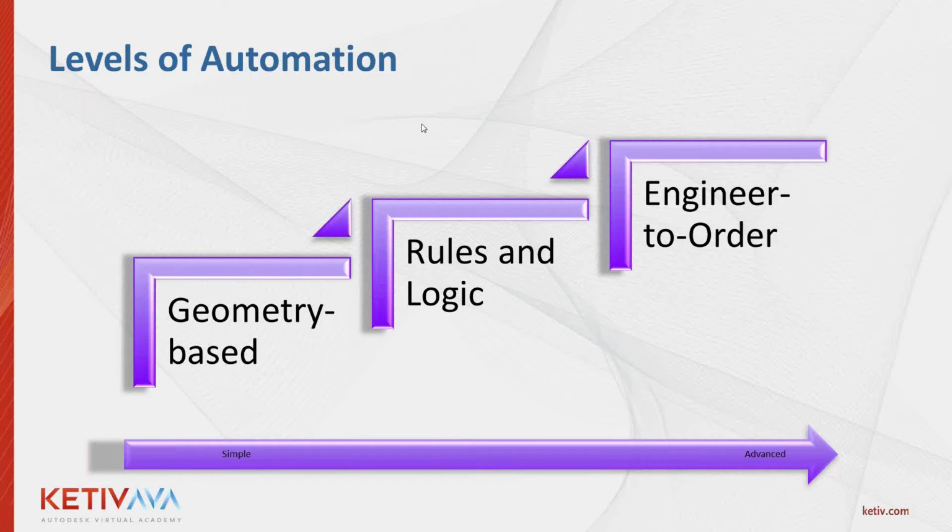So to start off, I want to, again, just talk about some of the levels of automation. Now, on the left side, we have the simple automation, and our scale goes to the right, where we get into more advanced types of automation that require higher programming expertise and more expertise in those types of areas. Now, on the left, we have geometry-based automation, and this is really about maybe using spreadsheets to drive parameters inside of your models.